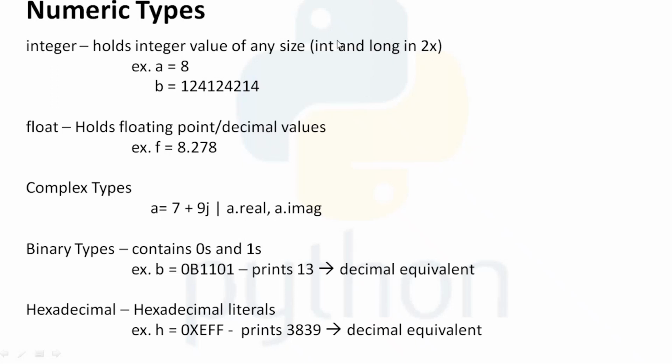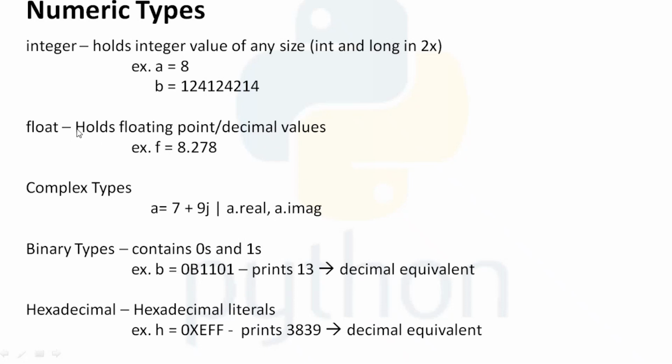Integer type is used for simple integer values, and long type is used for very long integer values. From Python 3, both are combined into a single integer. Now integer in Python 3 will be able to hold an integer of any length.